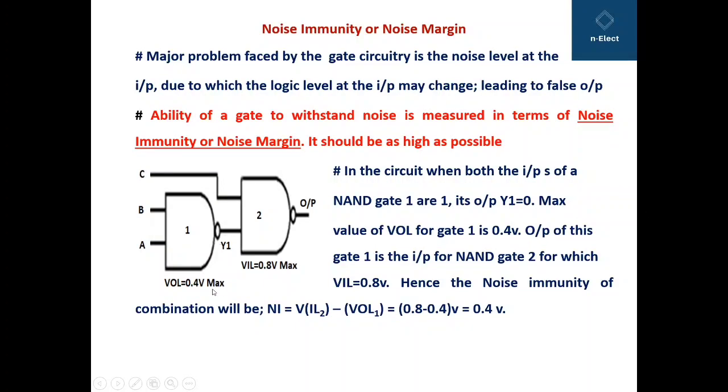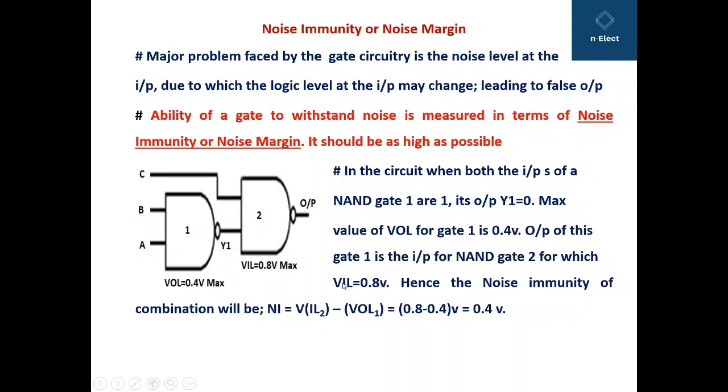The maximum value of VOL is 0.4 volts for gate 1, while the output of gate 1 is the input of NAND gate 2, for which the VIL is 0.8 volts.